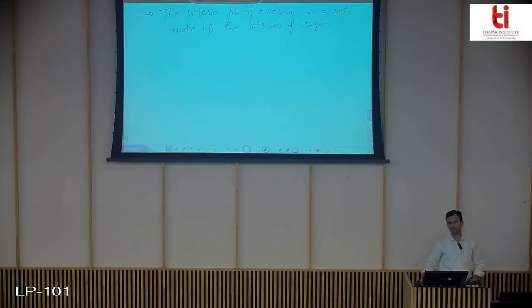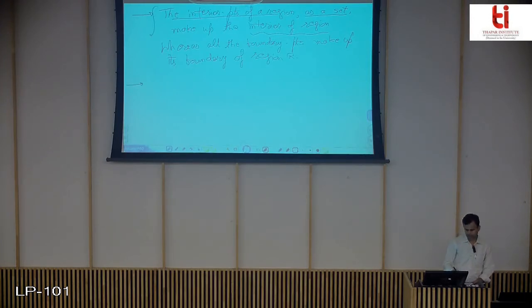That is, if I constitute all the interior points of the region as a set, or simply all the interior points of that region, they will constitute the interior of that particular region R. Similarly, all the boundary points make up or constitute the boundary of a region, whatever region R we are considering.